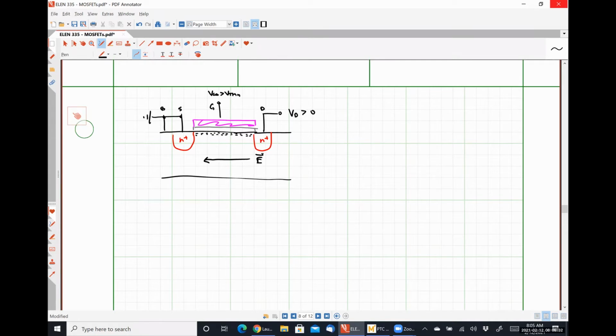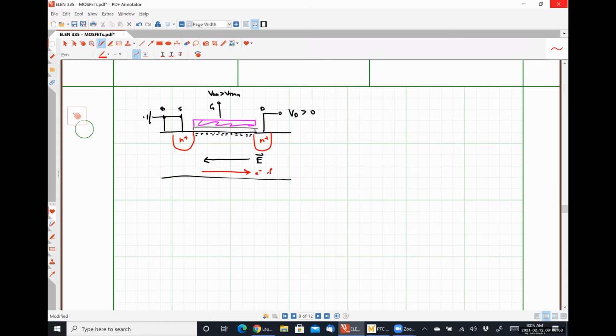oriented from the drain, because it's at a higher potential, to the source because it is at a lower potential, and that is causing electrons to flow in which direction? So the electrons are going to move from the source to the drain.